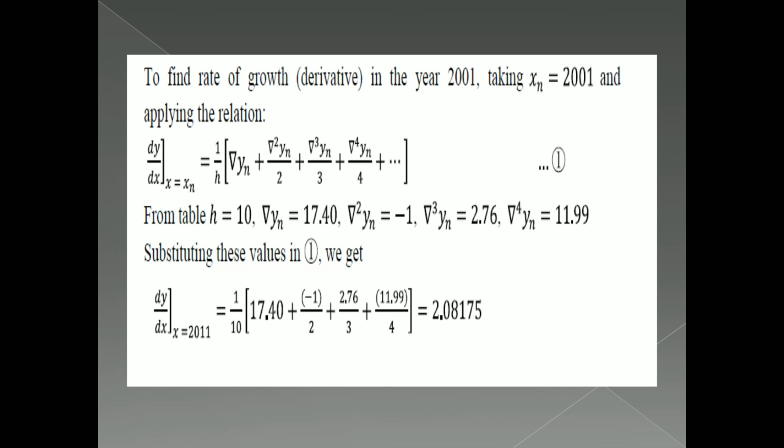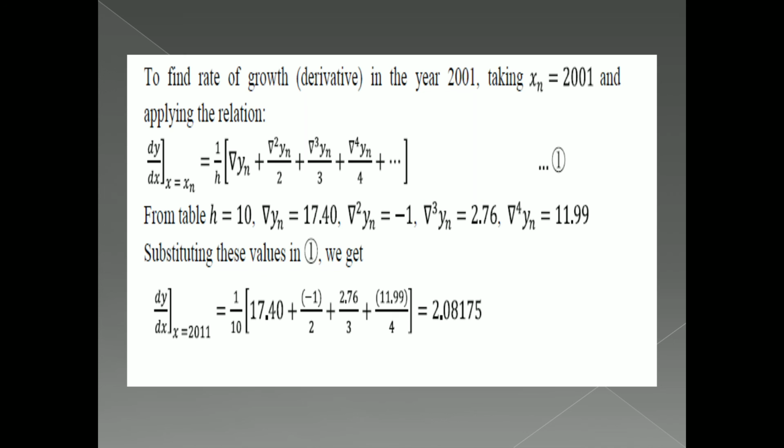For the first order derivative of y, taking h is equal to 10, delta yn is equal to 17.14, delta square yn is equal to minus 1, delta cube yn is equal to 2.76. I call nabla, not delta. The backward operator is denoted by nabla. Nabla yn is equal to 17.14, nabla square yn is equal to minus 1, nabla cube yn is equal to 2.76, nabla raised to 4 yn is equal to 11.19.